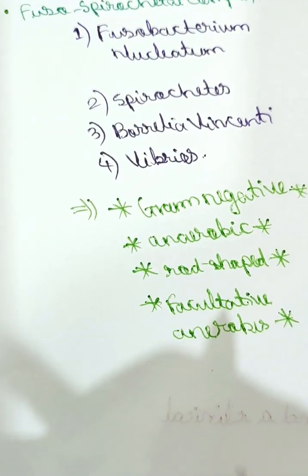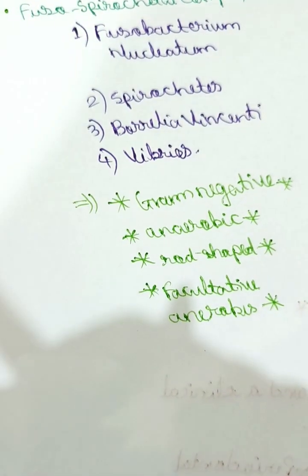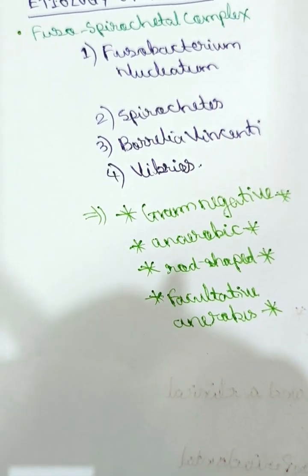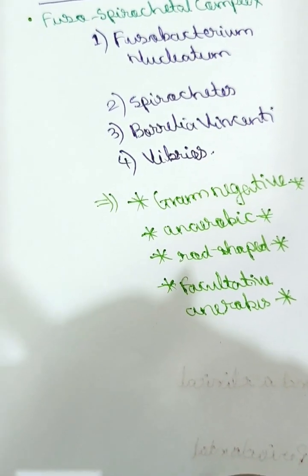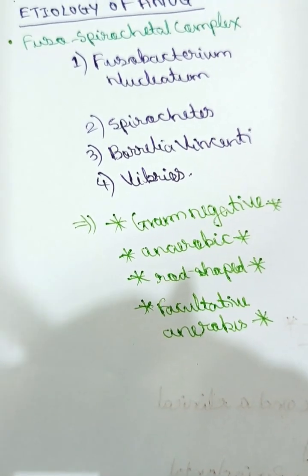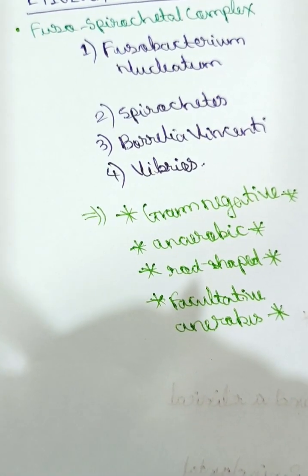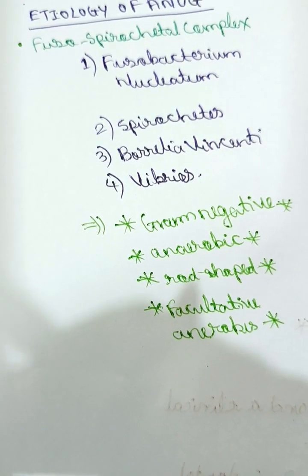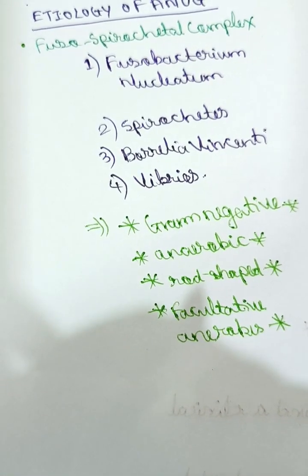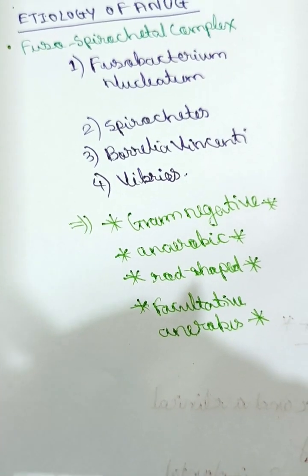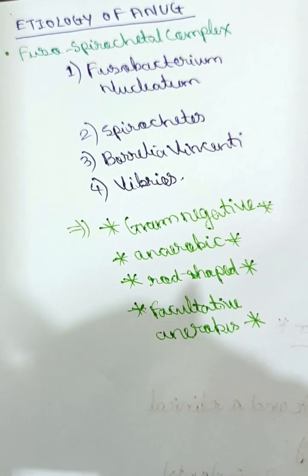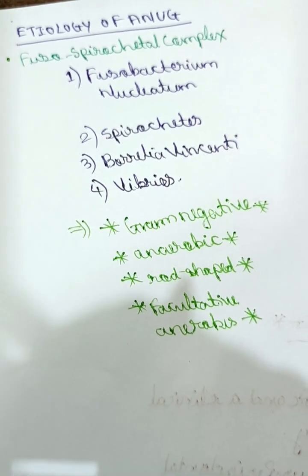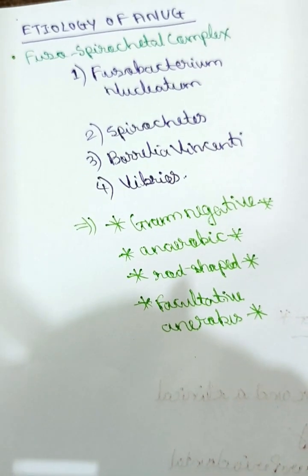So this is the etiology of ANUG. Often all these microorganisms are present in our oral cavity also, and basically they live in an environment where there is complete absence of oxygen. Now, what are the different reasons that may lead to the multiplication of these species? It is poor oral hygiene, the accumulation of plaque and calculus, gingival injury, smoking, or any other periodontal diseases. So by this we complete the etiology of ANUG.